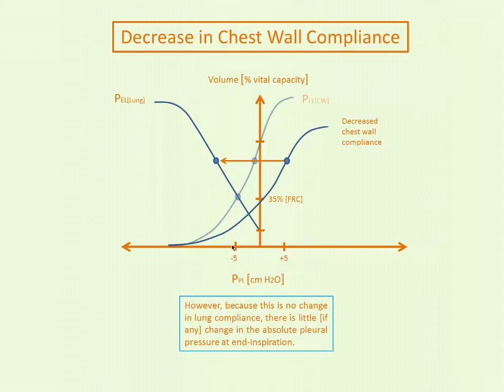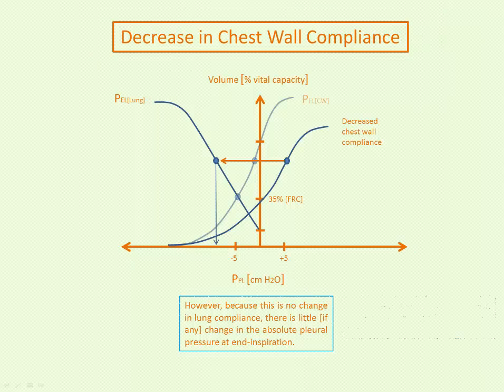The drop in pleural pressure, the absolute pleural pressure that must be achieved to affect this volume change, is the same as the patient with normal lung compliance, but the amount of work, or the amount of pressure that must be generated by the muscles of inspiration, is increased, because the muscles of inspiration must now overcome this stiff chest wall.